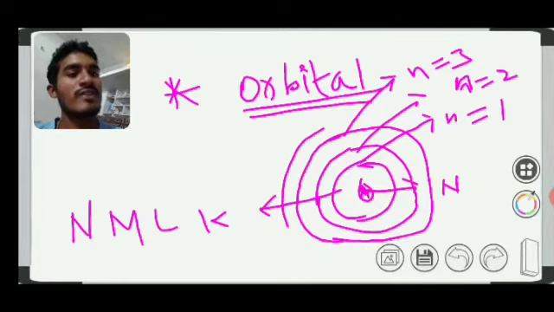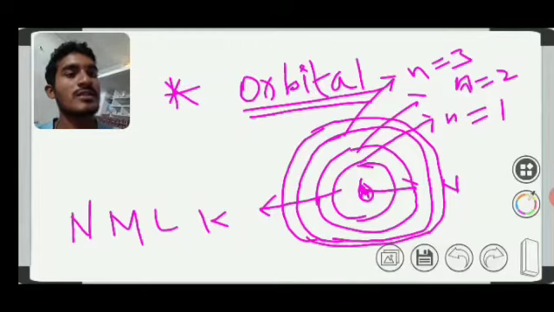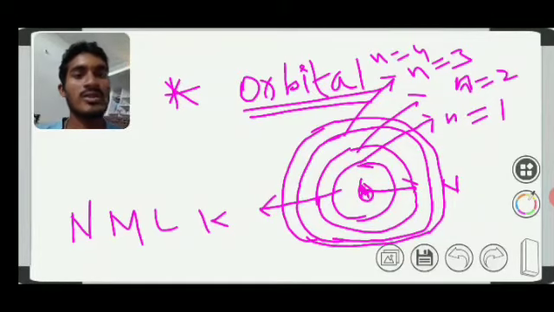And another shell we have is the N shell, where n is equal to 4. Depending upon this we can identify the sublevels, meaning energy levels and subshells also.